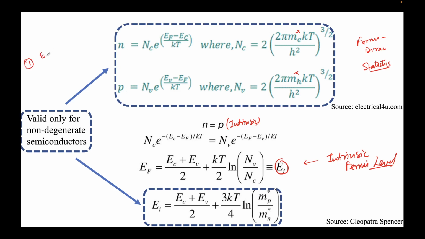First, EC minus EF must be greater than or equal to 3 kT, and EF minus EV should be greater than or equal to 3 kT. Or in other words, let's say this is EC, this is EV. I'll use a different color pen now.